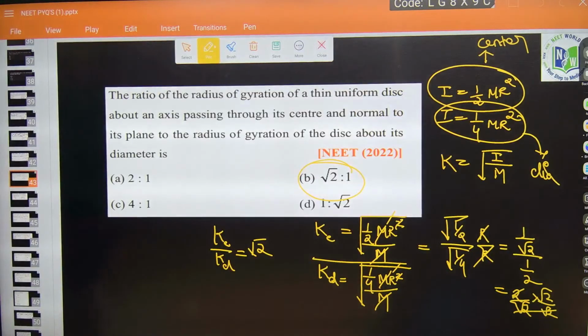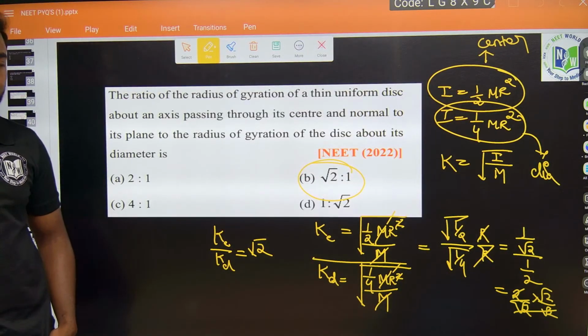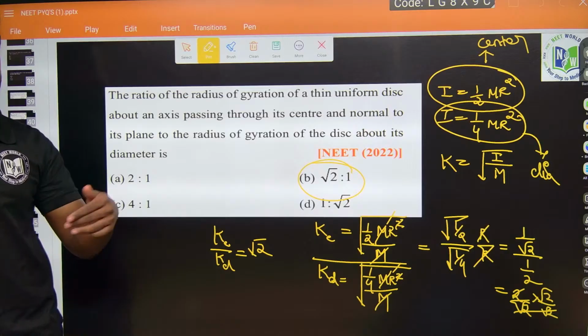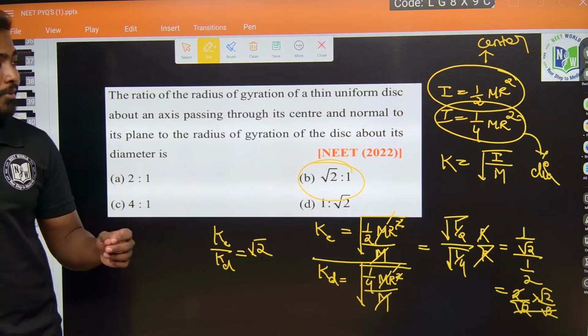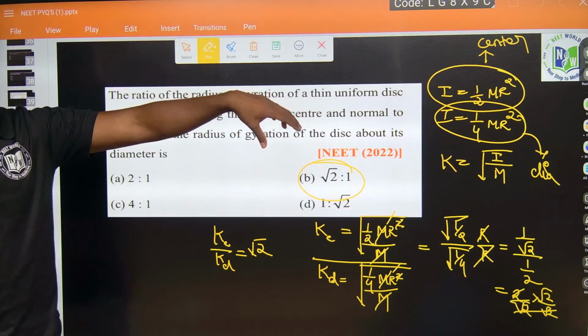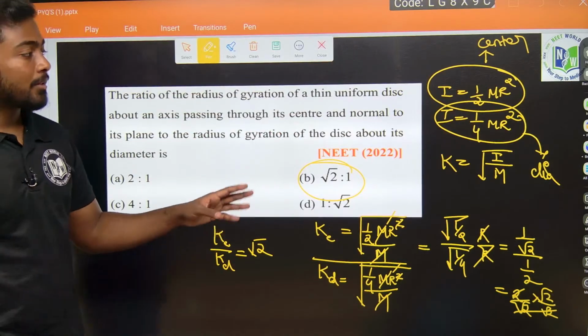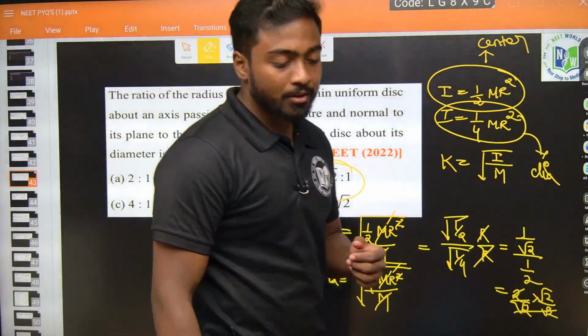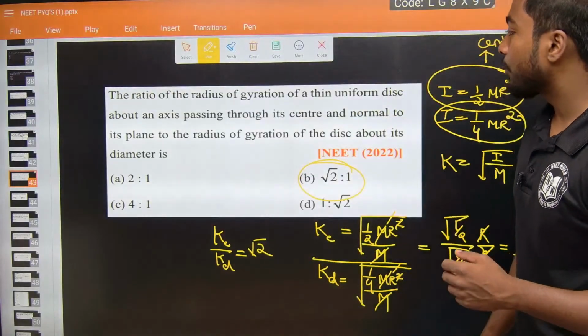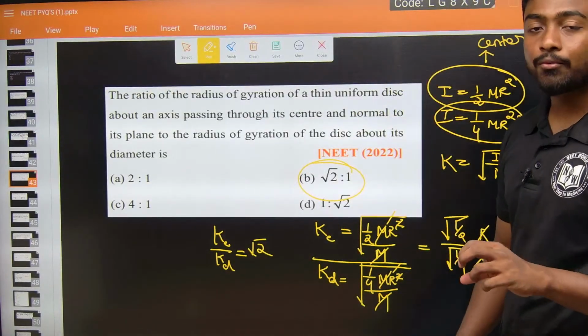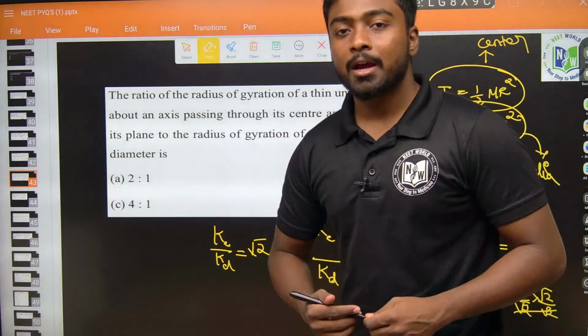So why we are doing these previous year questions? Because the formulas we have studied, but where the formula we need to use, which question we need to use that formula. That's why we are doing more PYQ questions, so that you can understand what kind of question they are asking and what kind of formula we should use at that place.